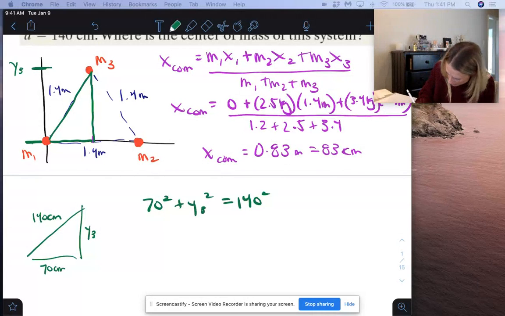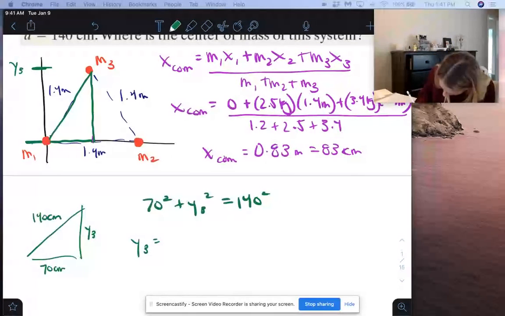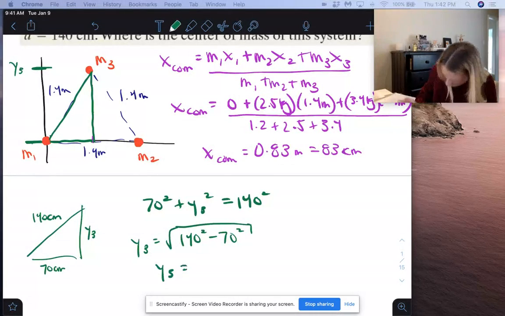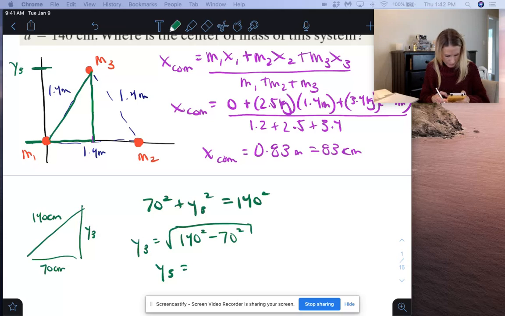So y3 will be the square root of 140 squared minus 70 squared. And I end up getting 121.24 centimeters for that one.